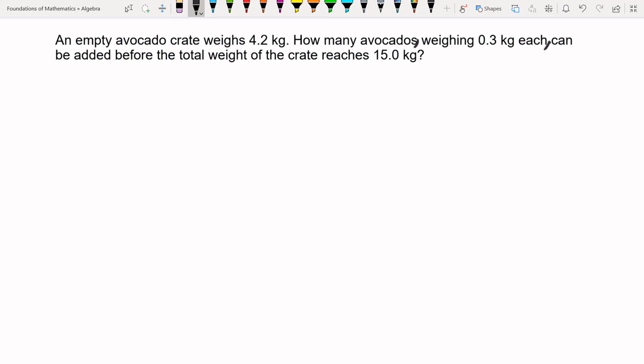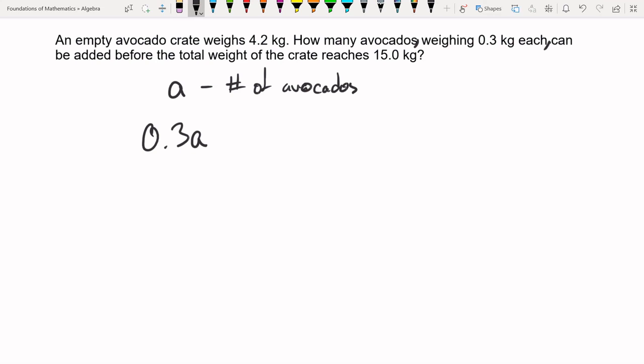Well, we have avocados. We're asking how many avocados, so I'm going to say A is the number of avocados. I use A obviously for avocados. If we use A avocados, whatever that number might be, then how much does that weigh? Well, that weighs 0.3 times A kilograms, because each avocado weighs 0.3.